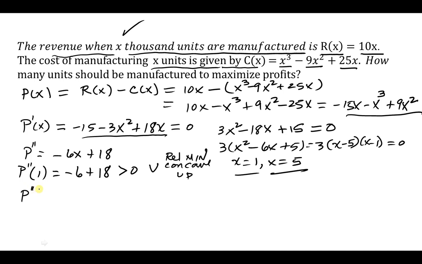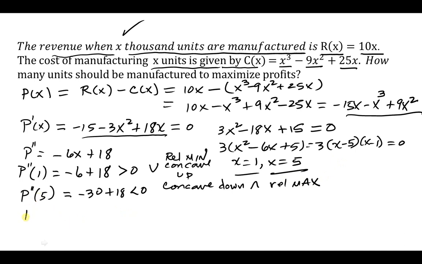Then the second derivative at 5, plugging in, we get minus 30 plus 18. It's less than 0, so it's concave down. So that's the relative max. And so the maximum profit would occur if we manufacture 5,000 units.